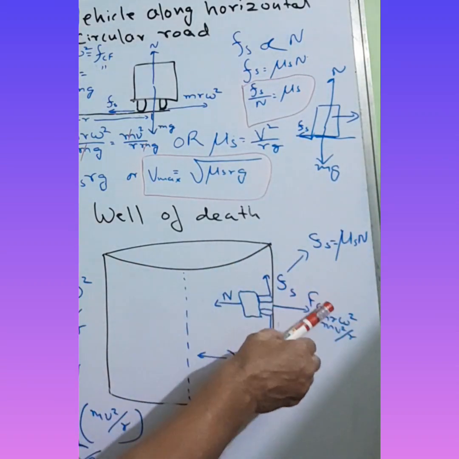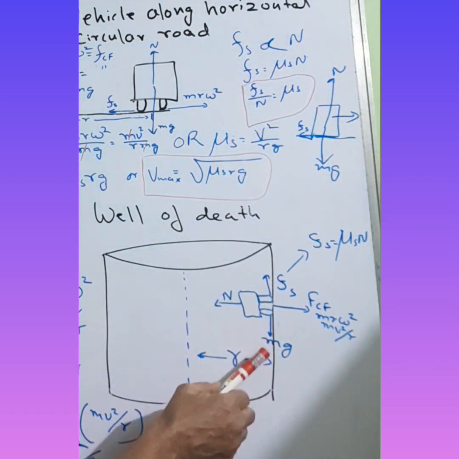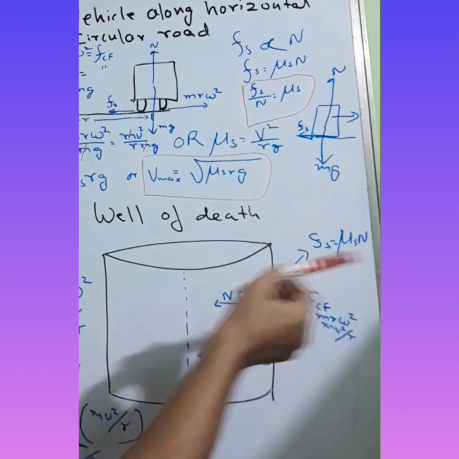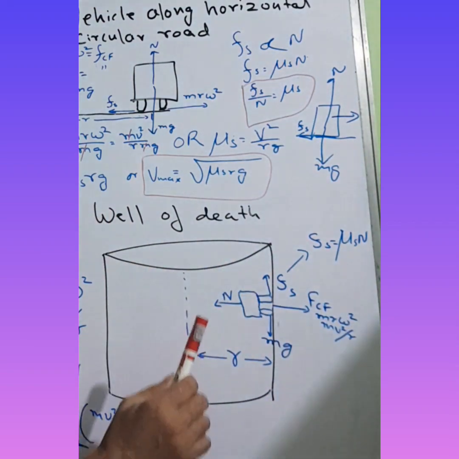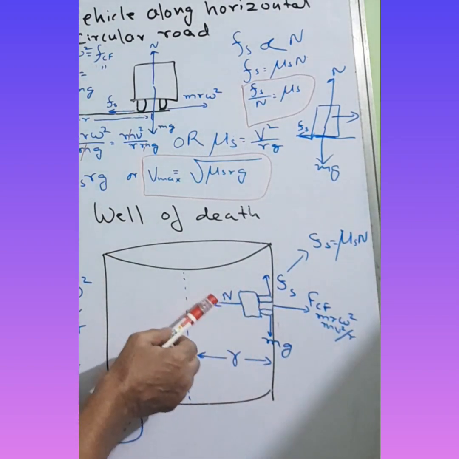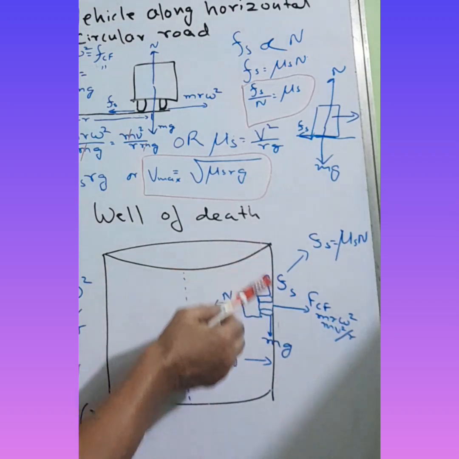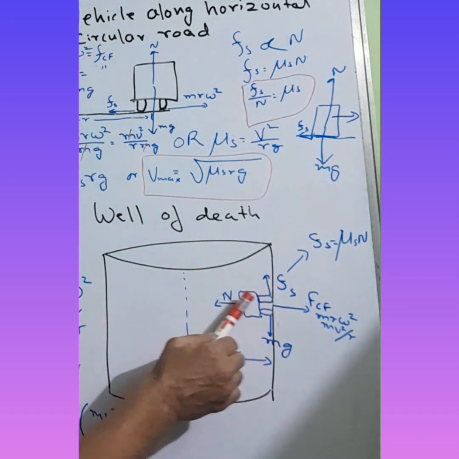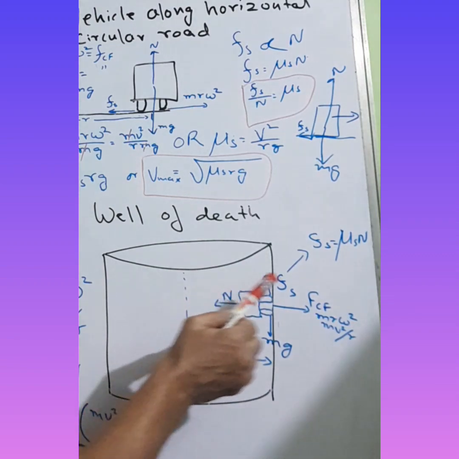So this is FCF. This is Fs, static friction, mg downwards, FCF outwards, that's the centrifugal force. And we always say that normal is perpendicular to the surface where the vehicle is moving. So this is the surface, and n is normal to that. So this is n and FCF.